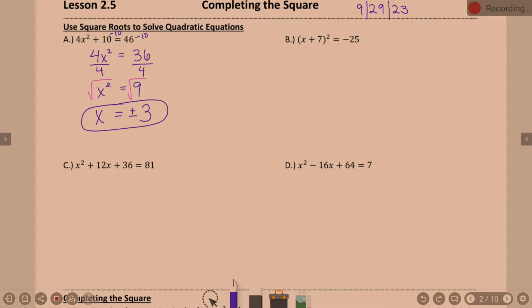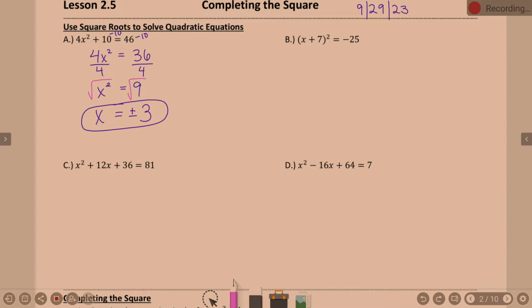I'm going to take you a different route. You could possibly FOIL this out and then work to make your equation equal to 0 and see what happens. Now, based on looking at the answer, we wouldn't be able to factor it. I have a different route I'm going to take us.